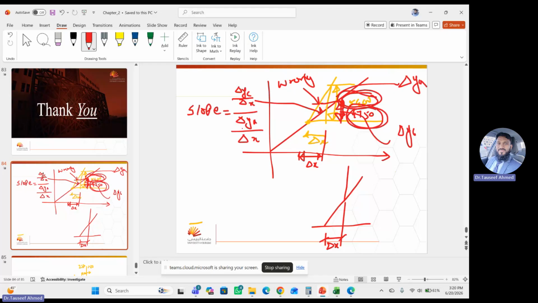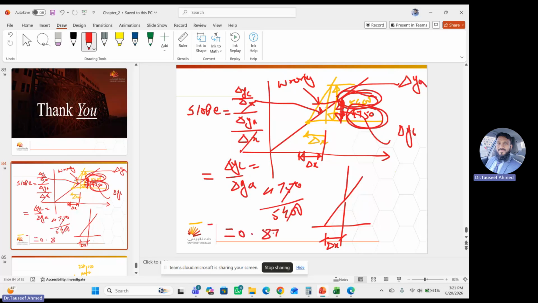Delta x is the same for both, so it will be cancelled. So finally we are getting delta y c divided by delta y a. And delta y c is 4,750 divided by 5,400. When you solve this, we are getting 0.87. So this is our ratio.